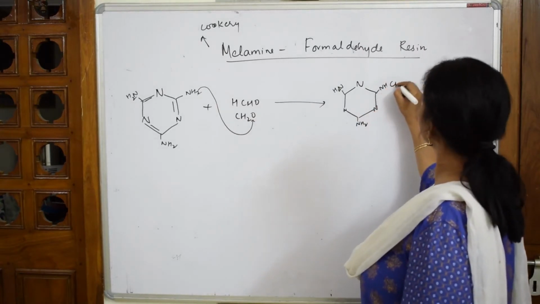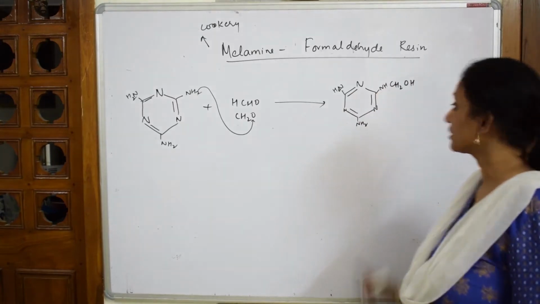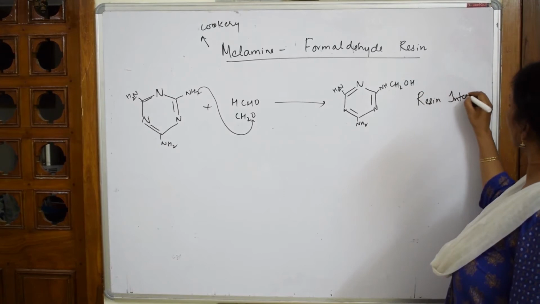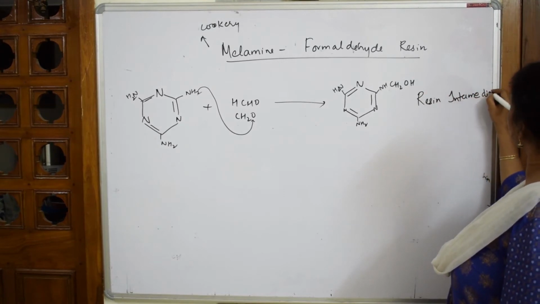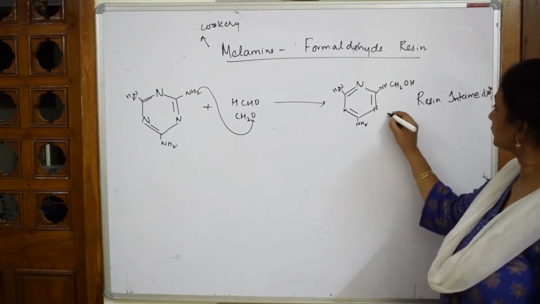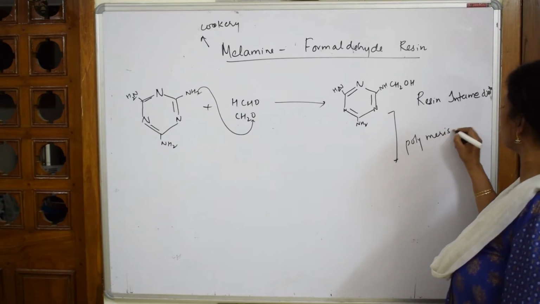This becomes NHCH2OH. Now draw the double bonds. This is called resin intermediate.